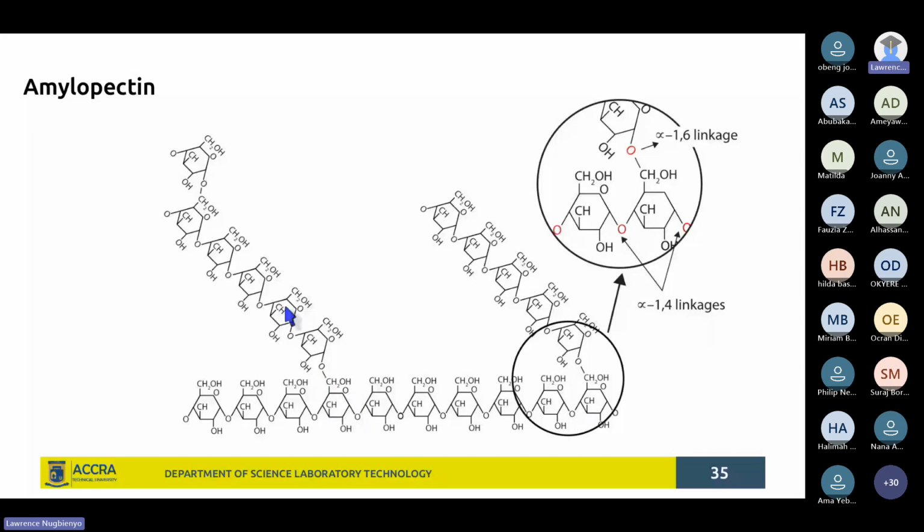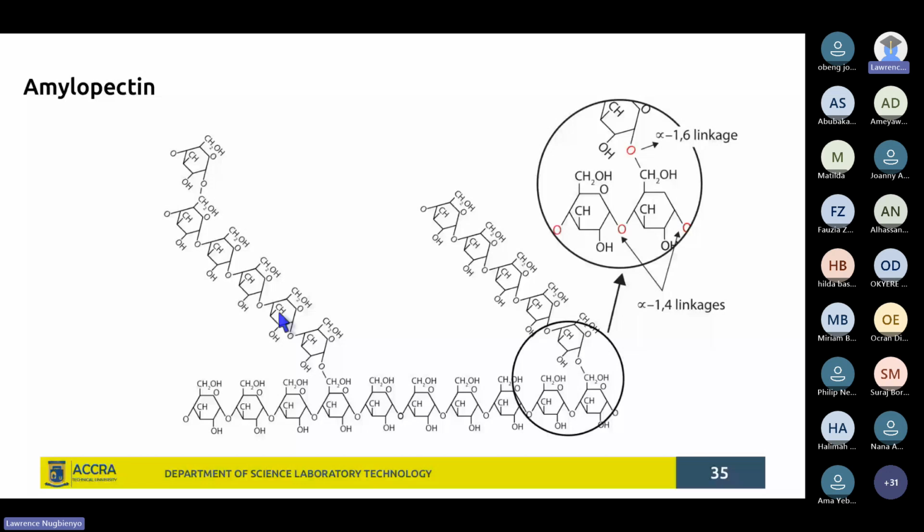That is for amylopectin. And the interesting thing here is that when you put starch into water, let's say you're forming some aqueous solution or emulsion with such a starch, you will realize that a portion of the starch gets dissolved in water. That portion of the starch which is getting dissolved is the amylose component.